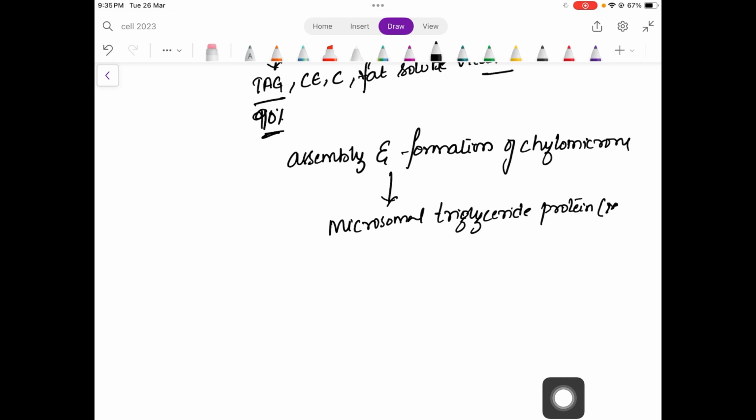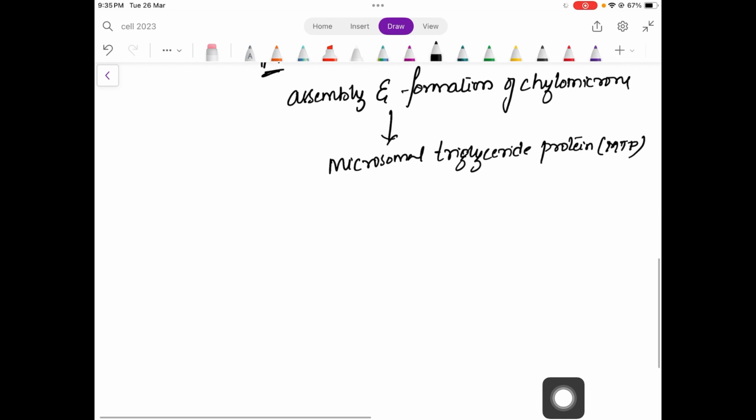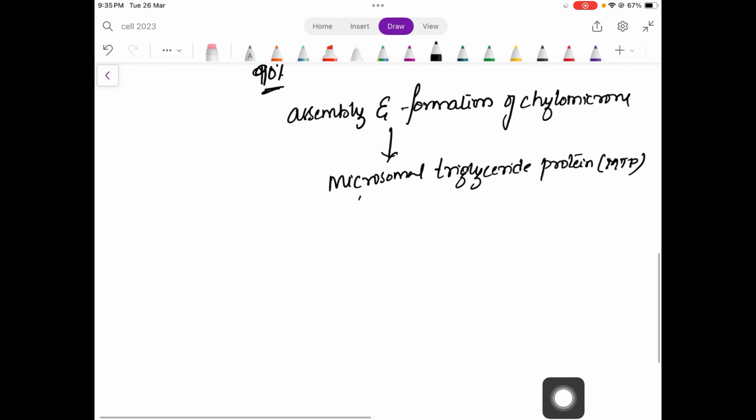This is called MTP. So what will it do? It will load ApoB48 and lipid into the chylomicron.